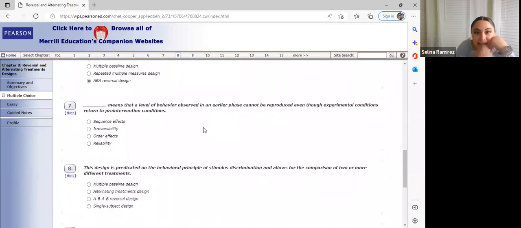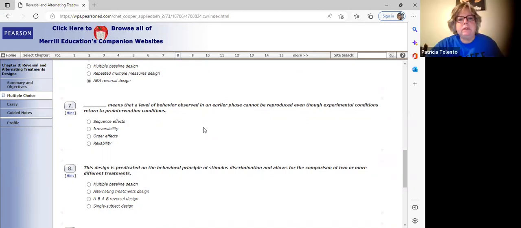Blank means that a level of behavior observed in an earlier phase cannot be reproduced even though experimental conditions return to pre-intervention conditions. Is it irreversibility?